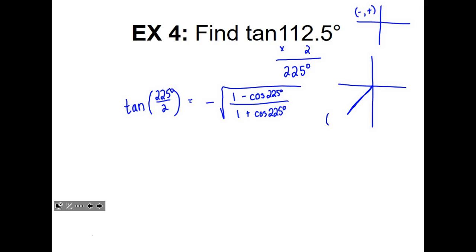So that is negative square root of 2 over 2 and negative square root of 2 over 2. So we're going to have negative 1 minus, actually it's going to be plus square root of 2 over 2, and then 1 minus square root of 2 over 2. Those signs change because when we plug in those negative square root of 2 over 2's, those will change.